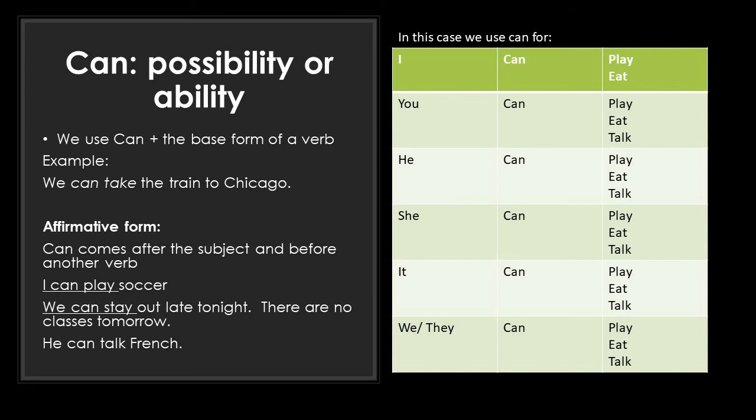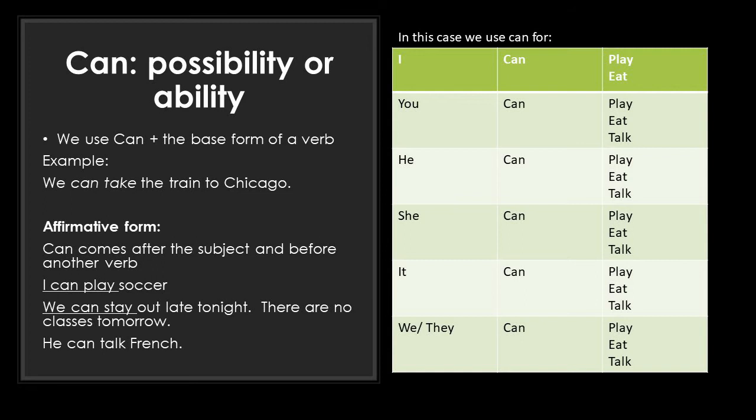If you look at this chart, we have the subjects I, you, he, she, it, we, and they. We use can for all the pronouns. Also, we use the verb in the base form.